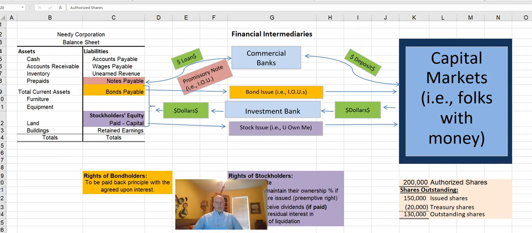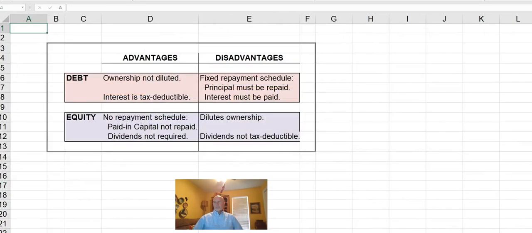So I want you to keep in mind the pros and cons of issuing debt versus issuing equity. Remember, if we issue debt, meaning we borrow money, the nice thing about that is we are not sharing the ownership with anybody. We don't have to listen to those other people telling us how to run things.